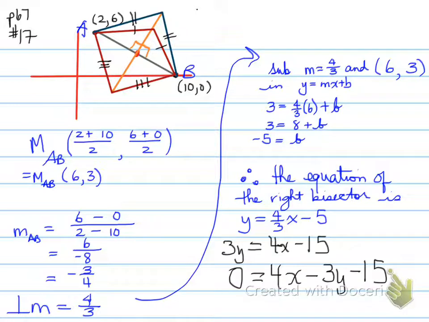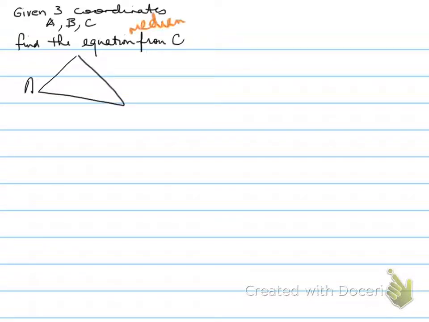All right, moving on to the next homework example. You're given 3 coordinates, such as A, B, and C, and you're asked to find the equation of the median from C. We just worked on finding the equation of a perpendicular bisector. Now we're going to find the equation of a median. Let's think about what a median is.